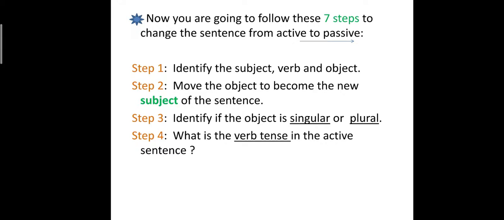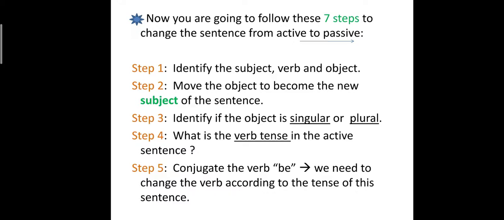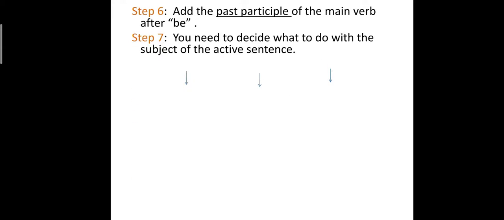What is the verb tense in the active sentence? Step 5. Conjugate the verb be. We need to change the verb according to the tense of this sentence. Step 6. Add the past participle of the main verb after be. Step 7. You need to decide what to do with the subject of the active sentence.